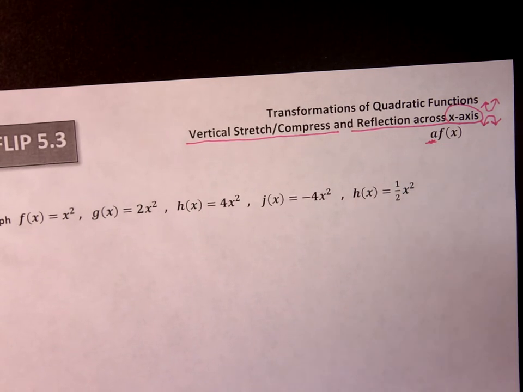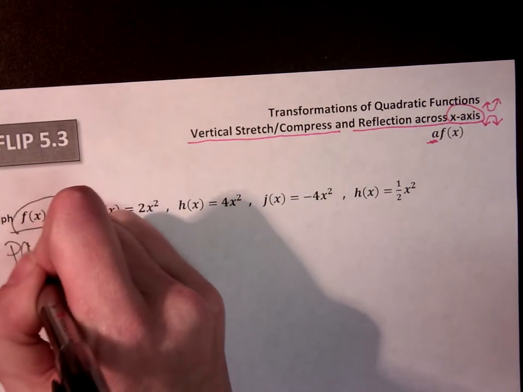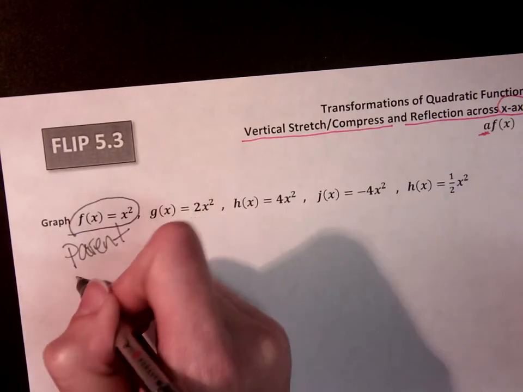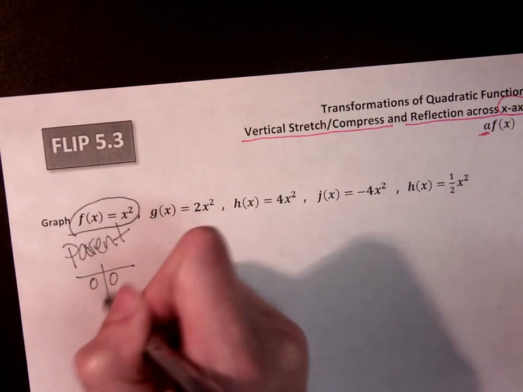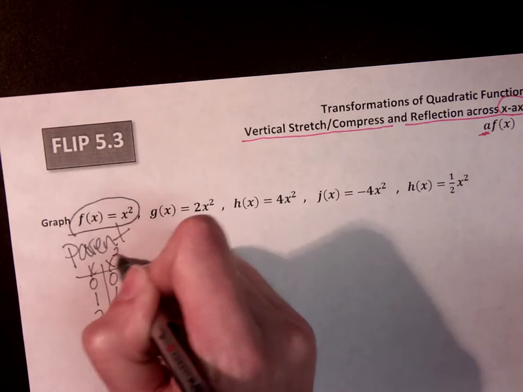Okay? And so we're going to start with our parent function, x squared. Remember, when we plot this, we use our table 0, 0, 1, 1, 2, 4. This is x and x squared.